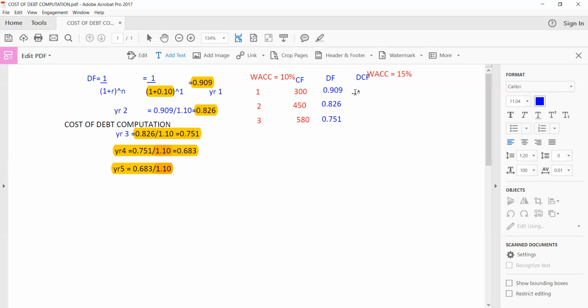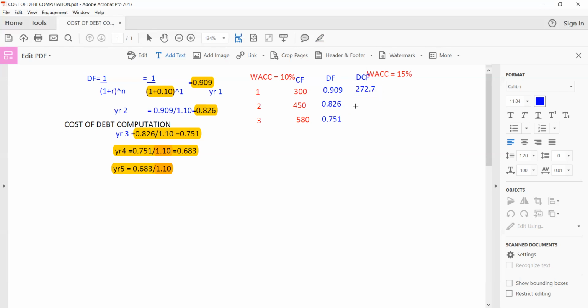So I'm multiplying 300 here by 0.909. And what answer am I getting? Something like 272, but let me try that at my end to ensure that I'm in good shape. So 300 times 0.909 gives us 272.7. Then I move on to the next bit, 450 times 0.826.